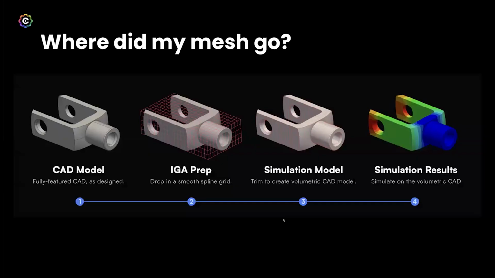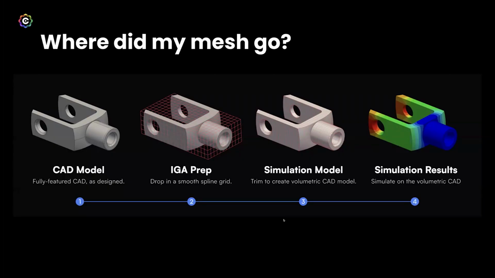And so where'd the mesh go? Again, that's one of the questions we get asked most often at Coreform. And the mesh is still there. It's just hidden from the workflow perspective of a user. We start with the CAD model. We drop this CAD model in a background bounding spline volume grid, similar to the background spline surface in CAD trimming.